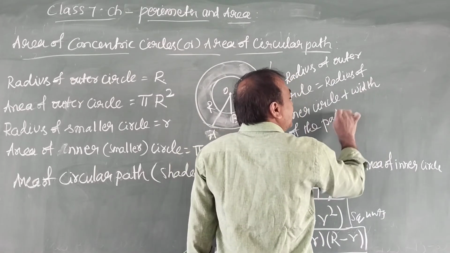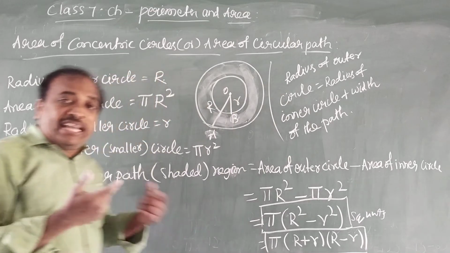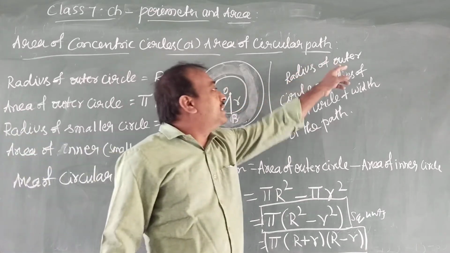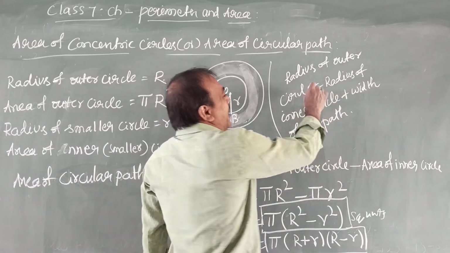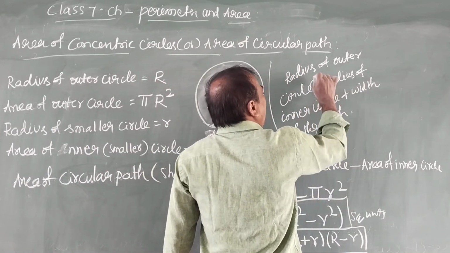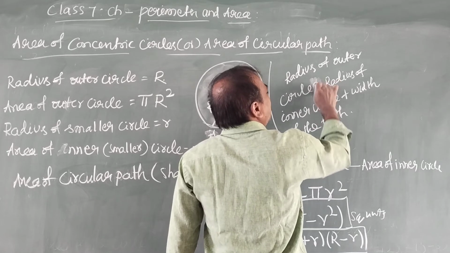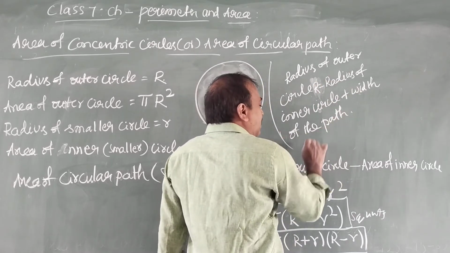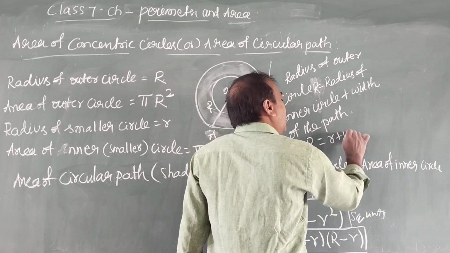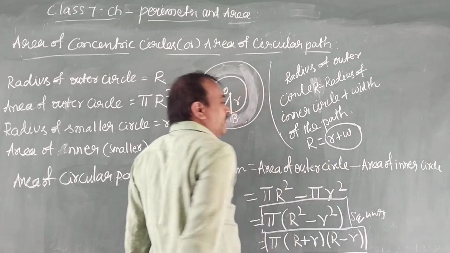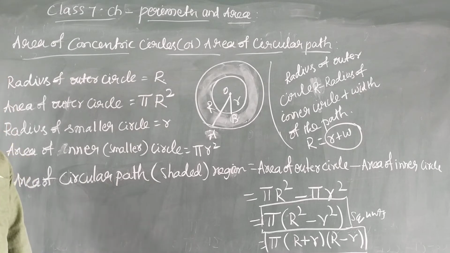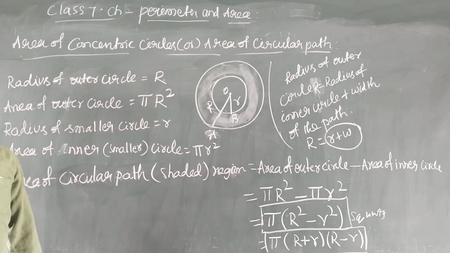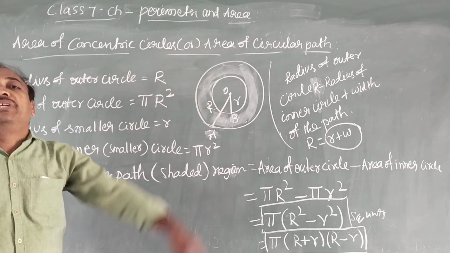Sometimes they give the inner radius and the width of the path, and then you can find the radius of the outer circle, that is capital R. Capital R is equal to small r plus width; if you denote the width with W, R equals r plus W. I hope you understood how to find the area of the circular region, that is, a path or shaded region.